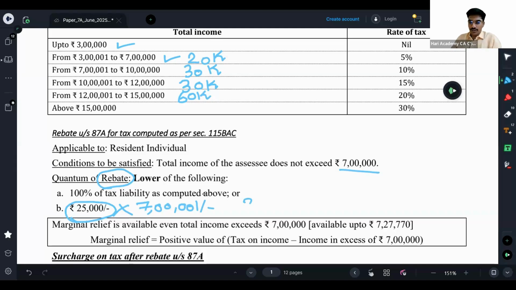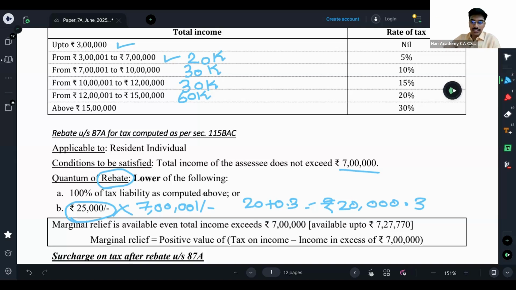For 3 to 7 lakhs, you are going to pay tax of 20,000, plus for this 1 rupee, you are going to pay 3 paisa, 0.3. So you are going to pay rupees 20,000.3. However, the income which you have earned more than the amount which is subject to tax is just rupees 1. So because of earning 1 rupee more, you are going to pay tax of 20,000 rupees more, which is not right. That is the only reason why this marginal relief concept is there.